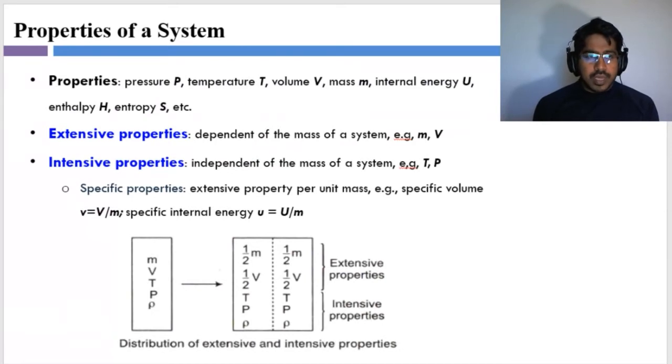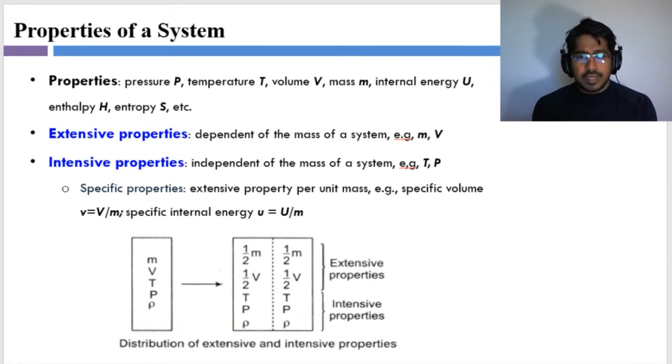Now we come to another important aspect of thermodynamics: properties of a system. When we look into a thermodynamic system, there's pressure, temperature, volume, mass, and some newer terms like internal energy, enthalpy, and entropy.